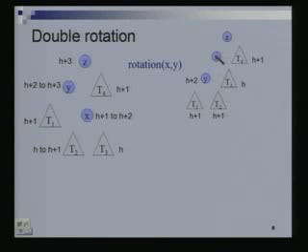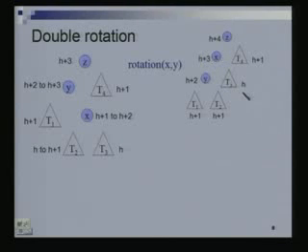Height of x will be h plus 3. Actually now there is an imbalance at x itself, because this has h plus 2 and this has h. And height of z would be h plus 4, because this is height h plus 3. So this rotation has not done the job for us yet.